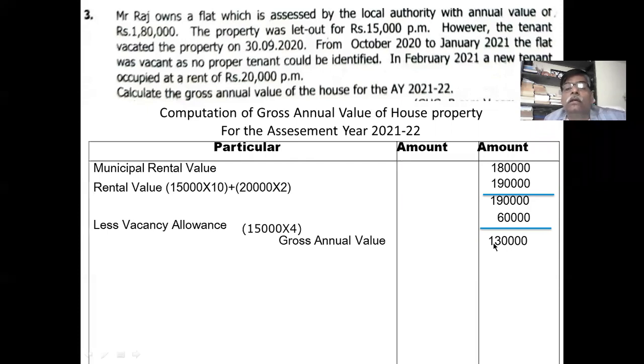This is less. Remember this point: if 1,30,000 is greater than the first value, then the first value is called gross annual value. Here 1,30,000 is less. Therefore, it itself is called gross annual value because vacancy period rent is deducted.